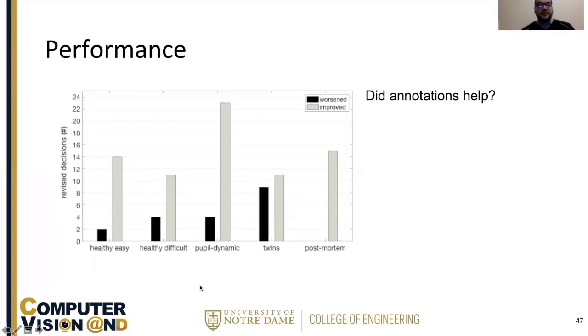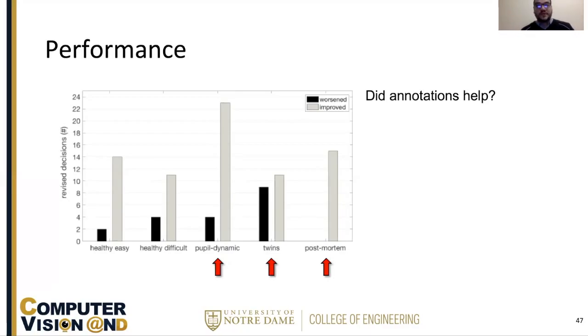As you can see, most of the time they improved their answers, and for pupil dynamic, it was really important to improve their process of annotating and matching the irises. For post-mortem, it was even better, because we had no cases of worsened situations. People only improved by annotating the irises of cadavers.